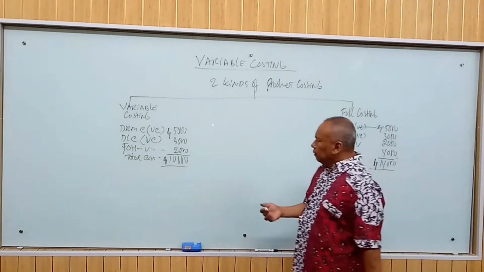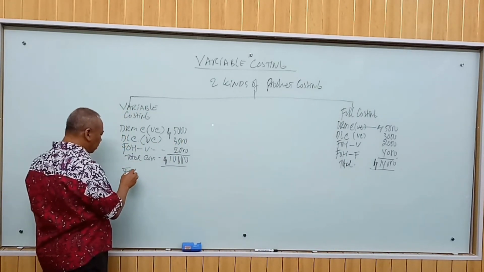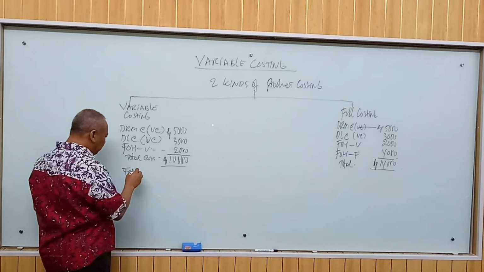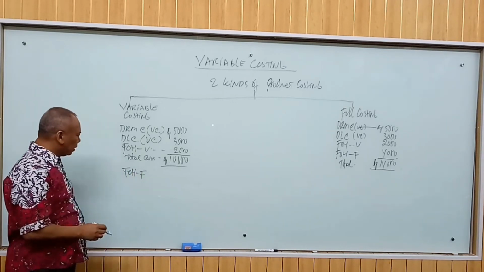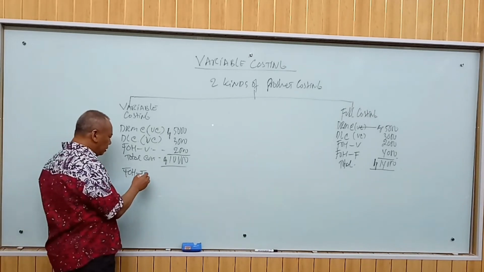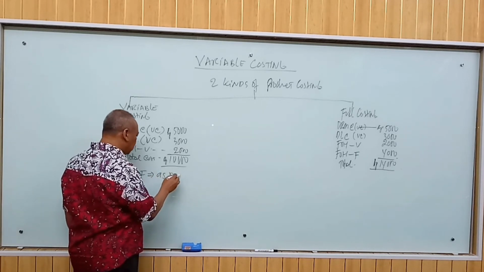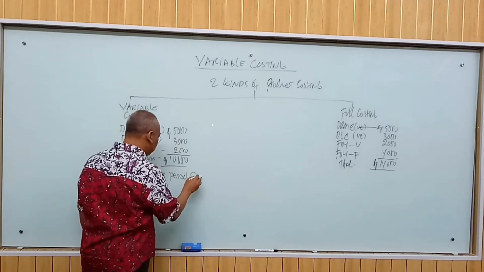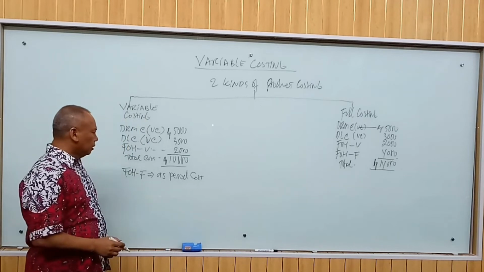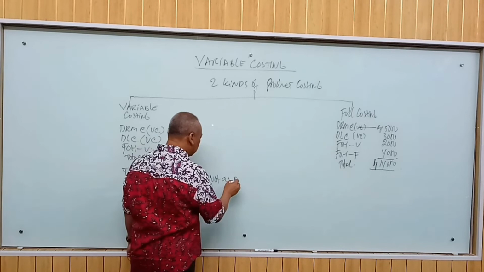So in variable costing, the fixed factory overhead cost is treated as period cost, so not as product cost.